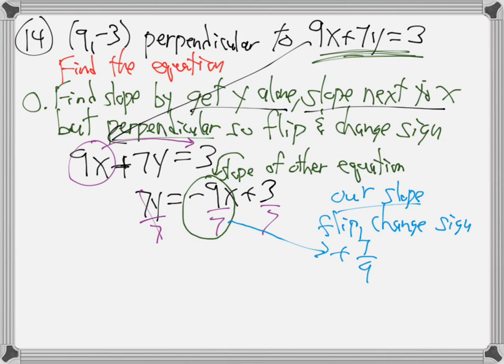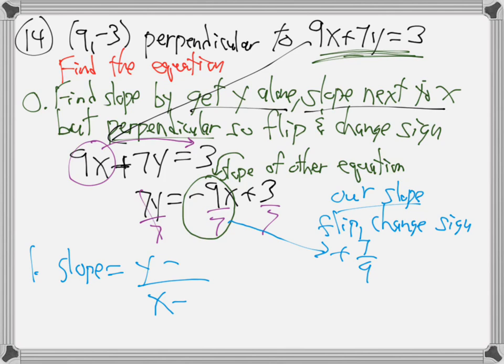Positive 7/9. So our slope is positive 7/9. So then now the rest of the problem is the same. Step 1, we write slope equals y minus blank over x minus blank. Can you take it from there? Questions on that first part that I can answer?